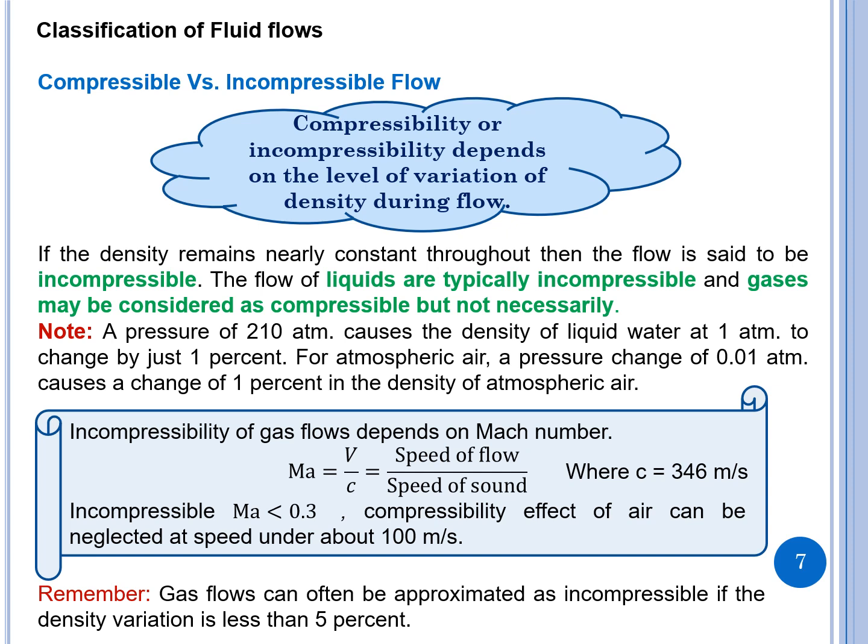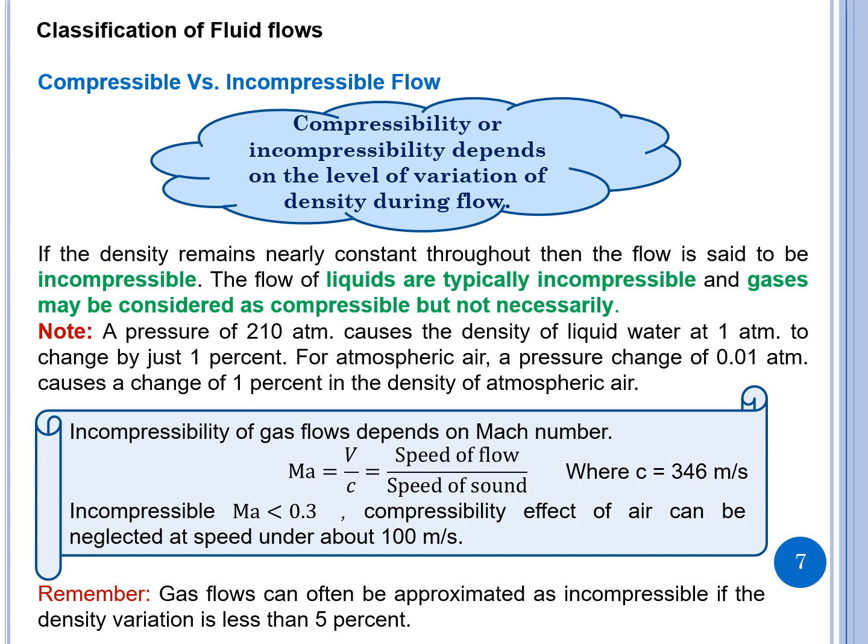So the water initially is at 1 atmospheric pressure. You applied 210 times more pressure, and the density of the water changes by only 1%. Now it is a very small change as compared to the change in pressure. The density has changed only 1%, while the pressure has changed 210 times, or in other words 21,000%.